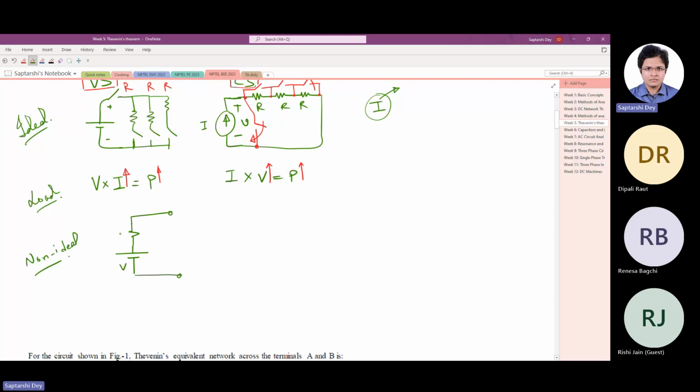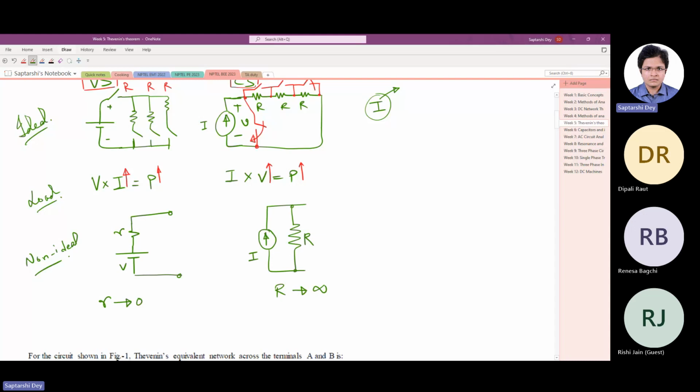This is V, this is R. A non-ideal current source is again an ideal current source in parallel with a shunt resistance whose value is very high. Now, as you can see, for an ideal case, this R tends to 0 in case of a voltage source, and for an ideal current source, this R tends to infinity. R tends to infinity means open circuit. But a non-ideal current source is nothing but an ideal current source in parallel with a large shunt resistance.